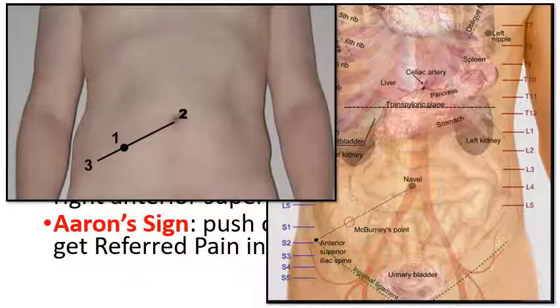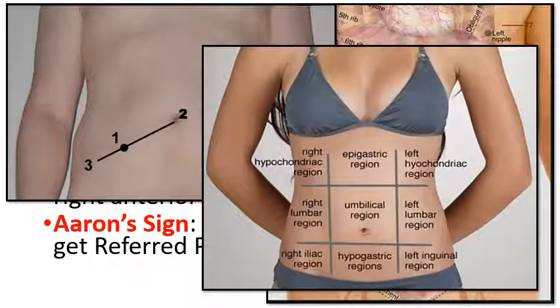Just showing McBurney's point again. There's the epigastric region. So if you push on McBurney's point and you feel pain here, that's an indication that you have an appendicitis. You have an inflamed appendix.